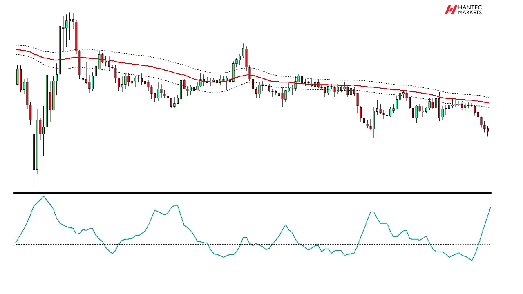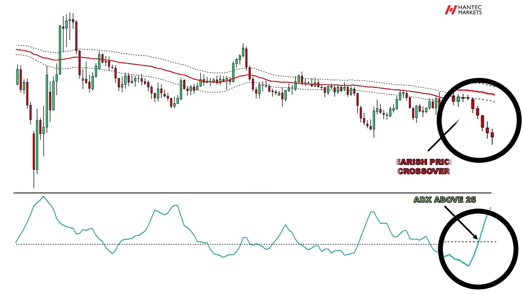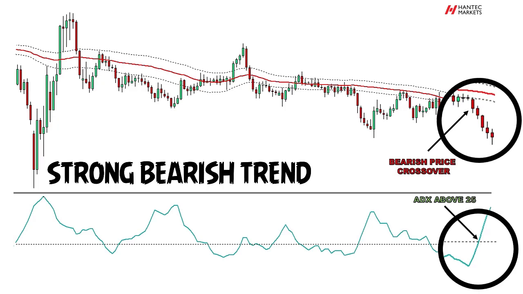In the example which is being displayed on the screen now, you can see that the blue line of the ADX indicator has clearly crossed and closed above the horizontal line which was placed at its 25 level mark, signaling to us that there's a strong trend in the markets. And when you look at the price action on the chart above the ADX indicator in this example, you will notice that price also crossed and closed below the 360 period simple moving averages on the daily time frame of this currency pair when the blue line of the ADX indicator crossed above the horizontal line which was placed at the indicator's 25 level mark.